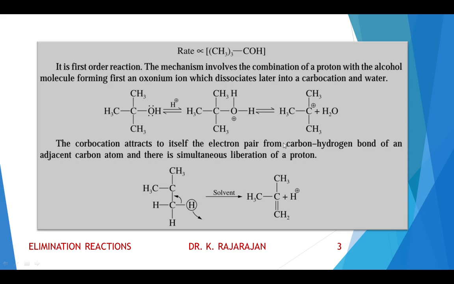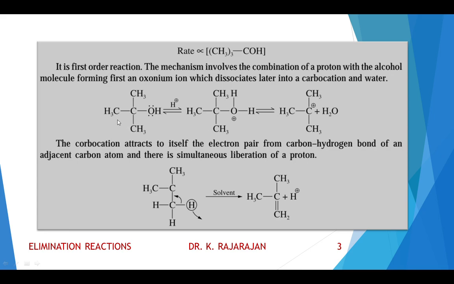The mechanism involves the combination of a proton with the alcohol molecule, forming first an oxonium ion, which dissociates later into a carbocation and water. So first this will form the oxonium ion. This is what is called the oxonium ion.